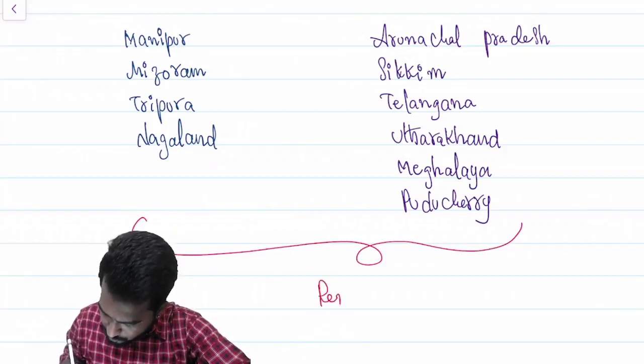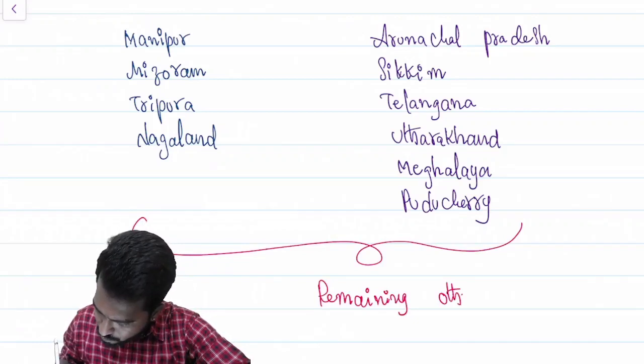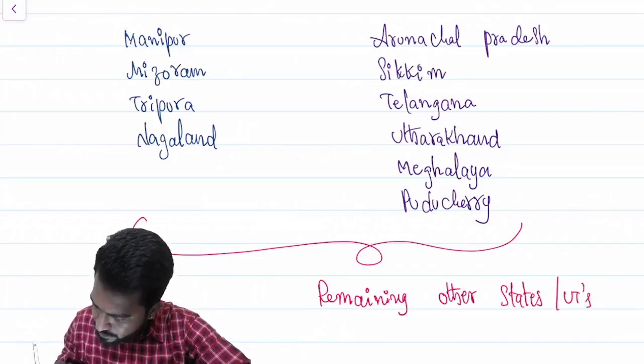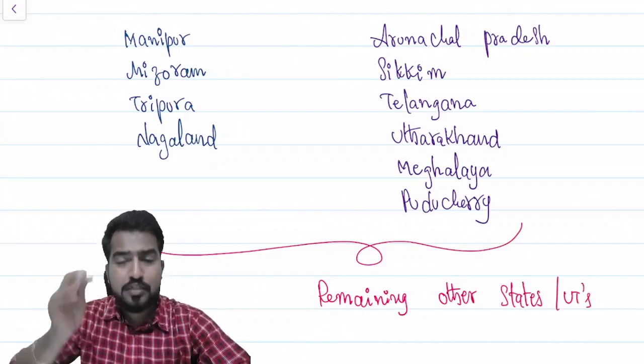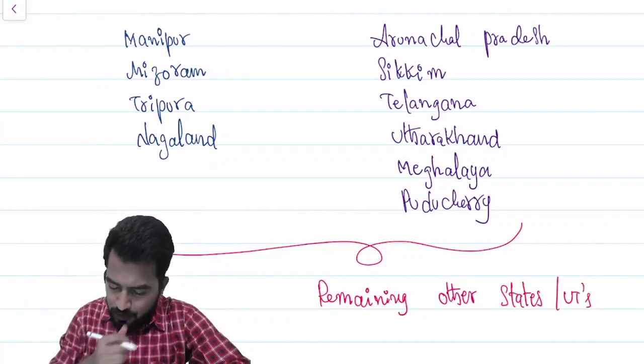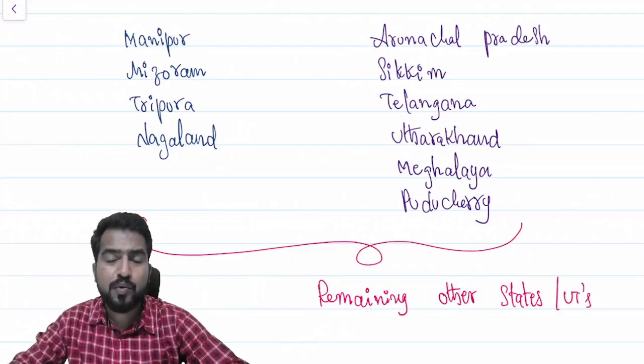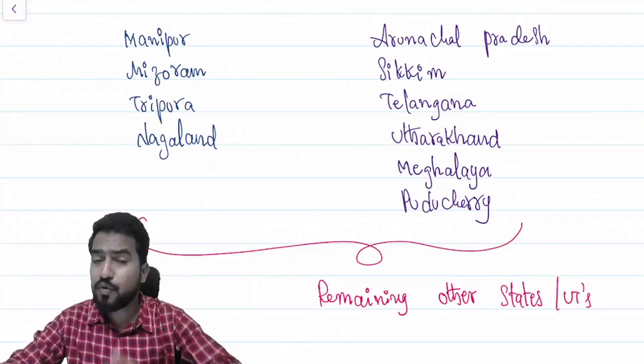in all the remaining states or union territories, if you are exclusively dealing with goods, the threshold limit for registration is 40 lakhs.